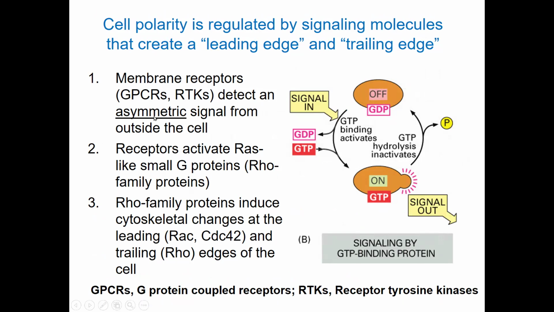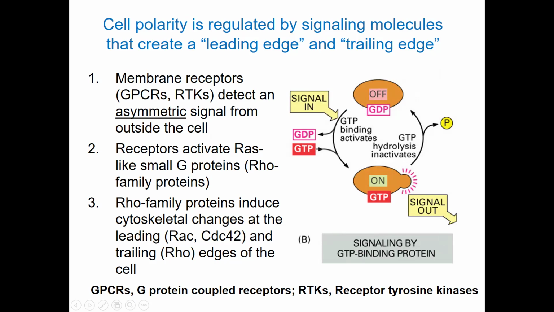Symmetric and asymmetric. Symmetric means the signal comes into the cell from all sides. Asymmetric means a certain side of the cell it releases, not the whole side. So only this part shows the signal perceived, and here the protrusion occurred.